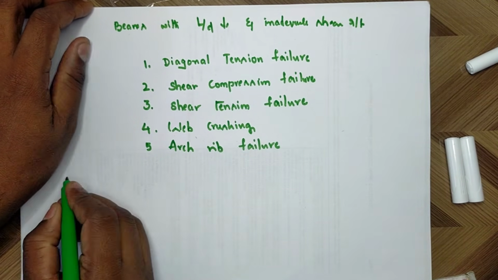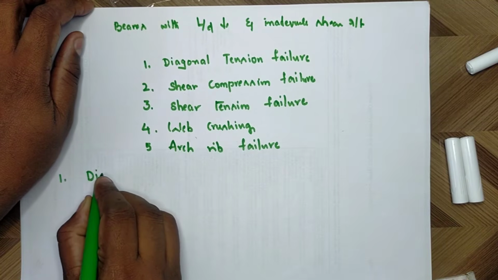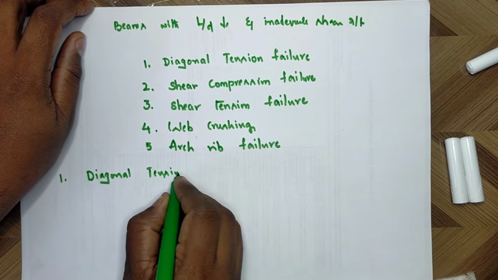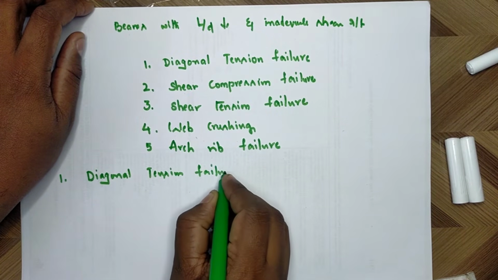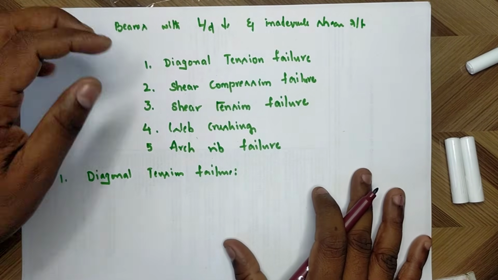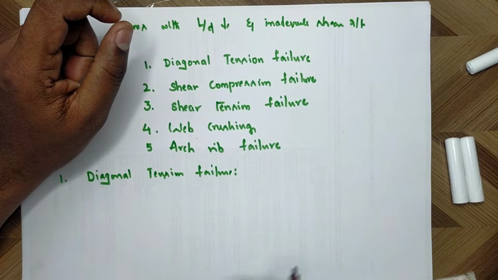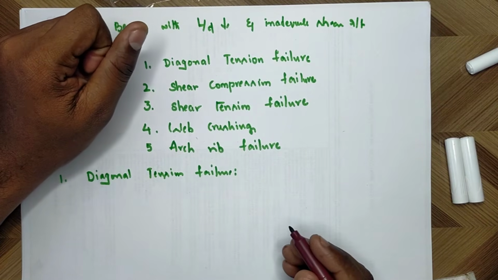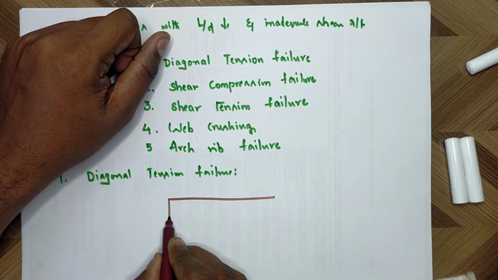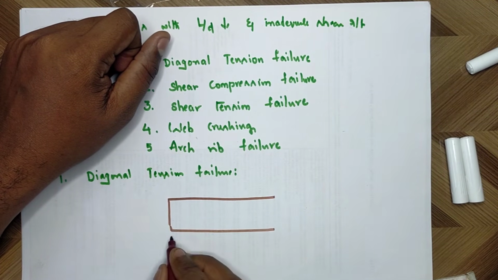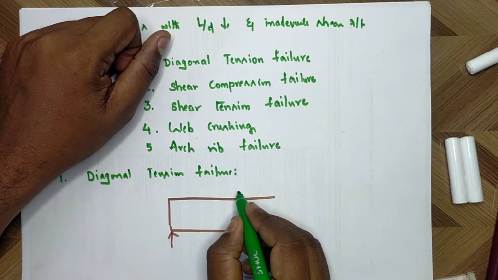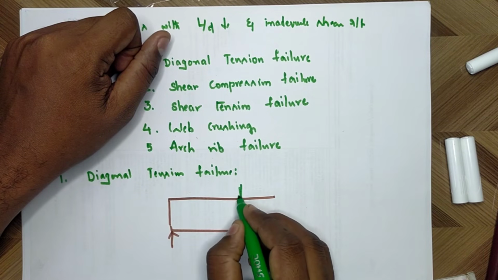Coming to the first failure, diagonal tension failure. This type of failure induces an inclined crack that propagates rapidly due to inadequate shear reinforcement. Suppose this is the beam, this is the support. Here we have some load.